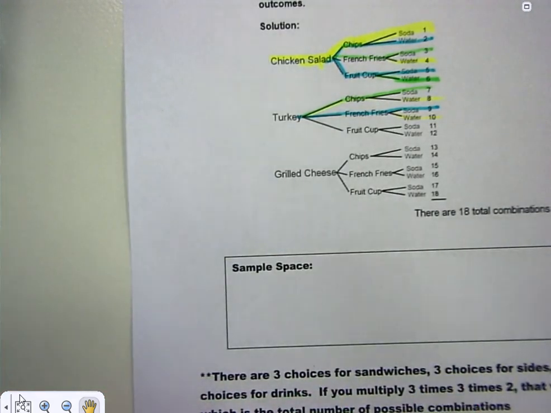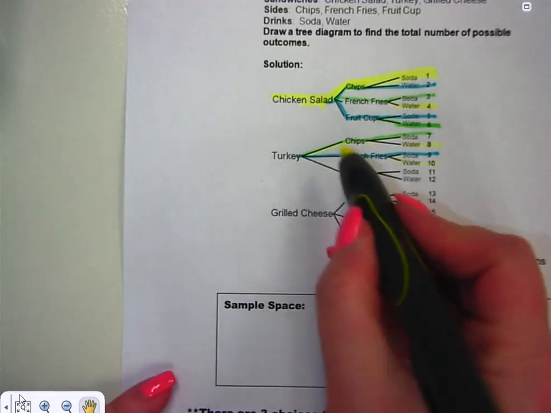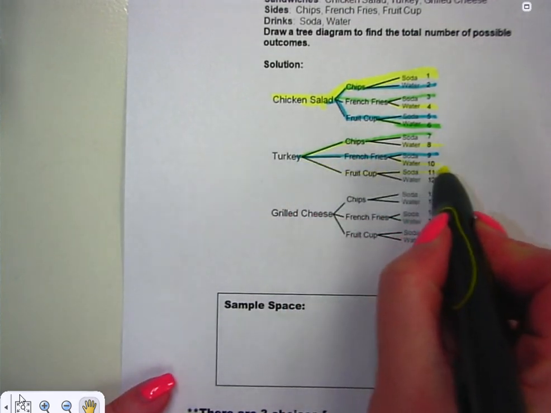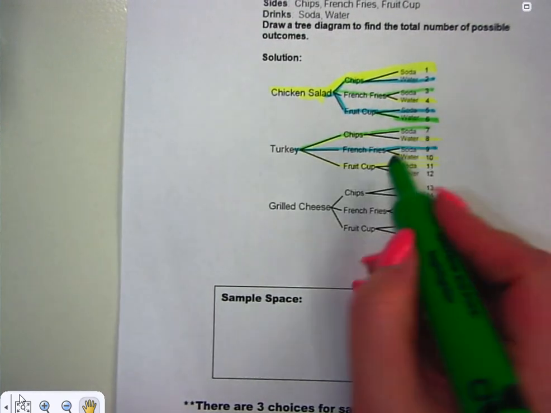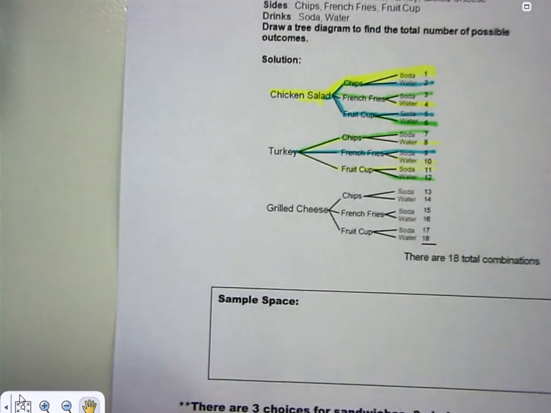The last thing is, let's choose a different color. Turkey, fruit cup, and soda. Or turkey, fruit cup, and water. So now I'm up to 12 choices.